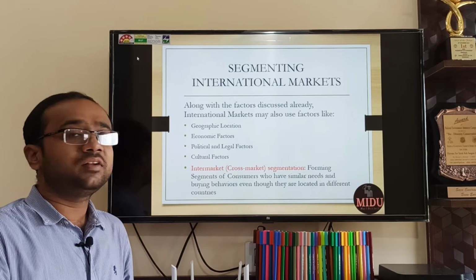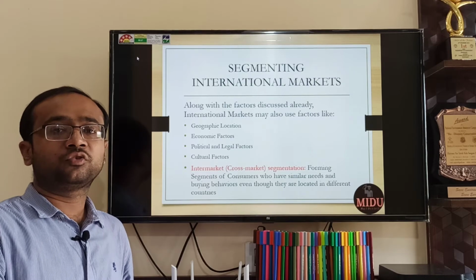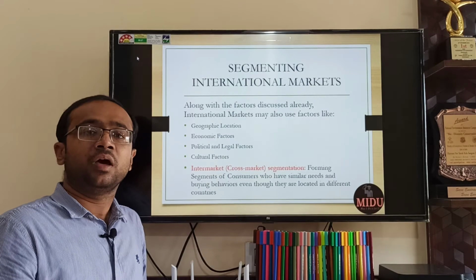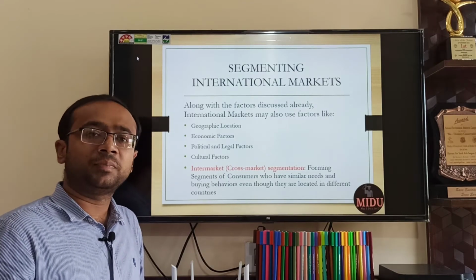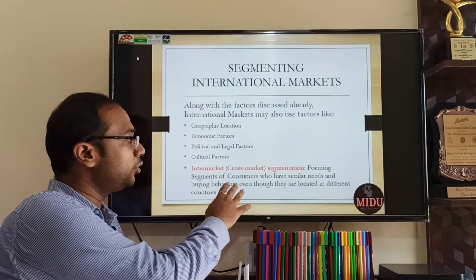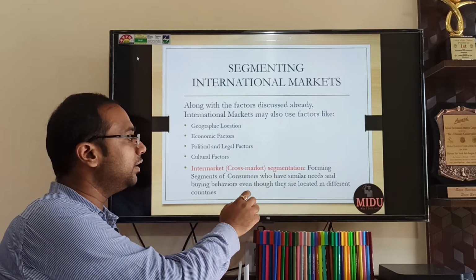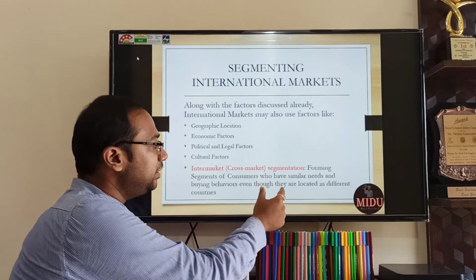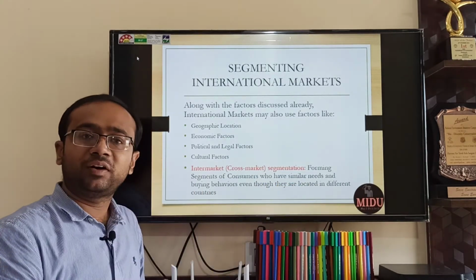And in segmentation, friends, the last topic to be understood, or last kind of segment, is your inter-market or cross-market segmentation. So what do we mean by that? It is also very simple, just understand it. Forming segments of consumers who have similar need and buying behavior even though located in different countries. Just see these words, even though located in different countries. So what does this mean?